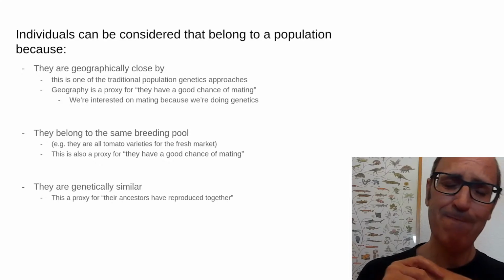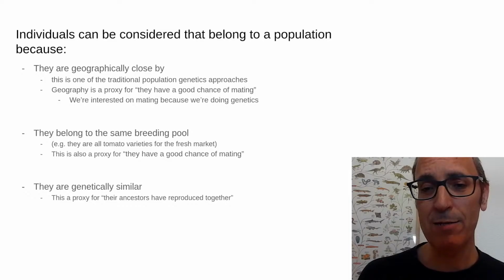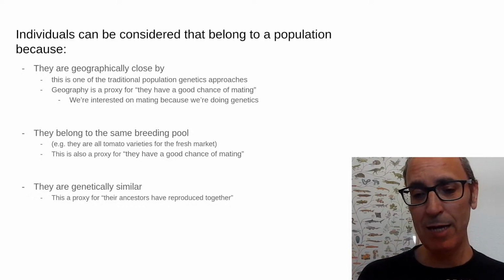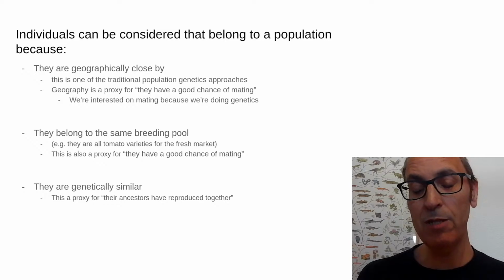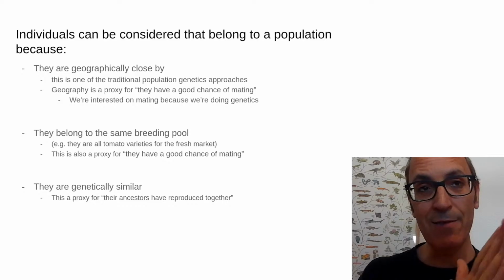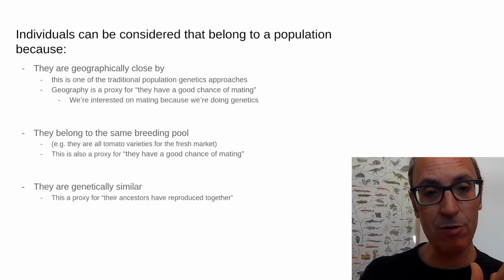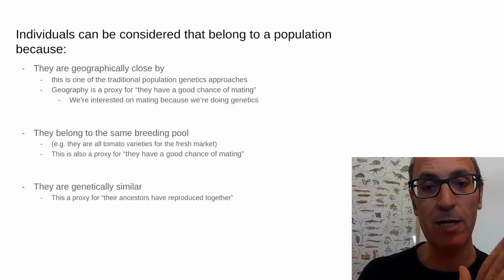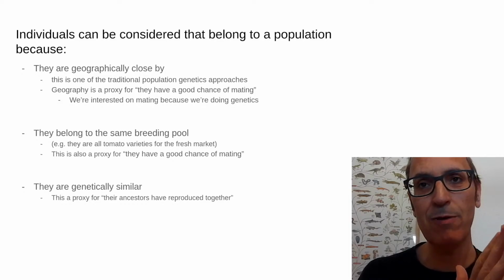And there's also a proxy for that. We can check their genetics, we can see genetically which individuals are closer, and then we can say, well, if these individuals are closer, it's because their parents have reproduced together.